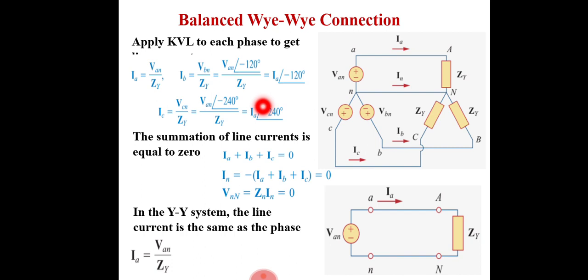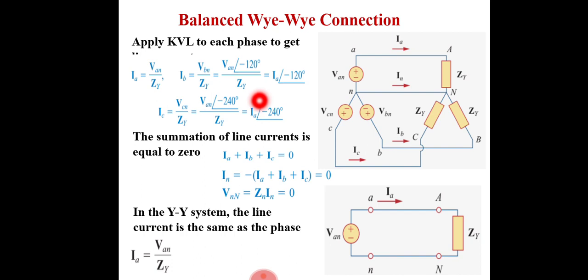Same as we find IC, VCN divided by ZY. Now VCN is equal to VAN with angle minus 240 degrees. So putting in the value, VAN with angle minus 240 divided by ZY. Now VAN divided by ZY is equal to IA. So IC becomes IA with angle minus 240 degrees.